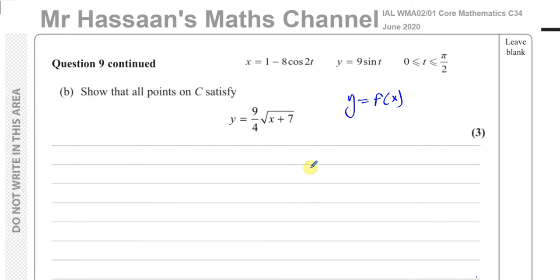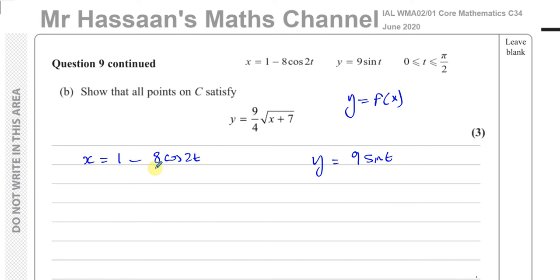Okay, so what we can do here, when you have to convert from parametric form to Cartesian form, what I always like to do is to first of all make the trig ratio the subject. So I have x equals 1 minus 8 times cosine 2t and y equals 9 times sine of t.